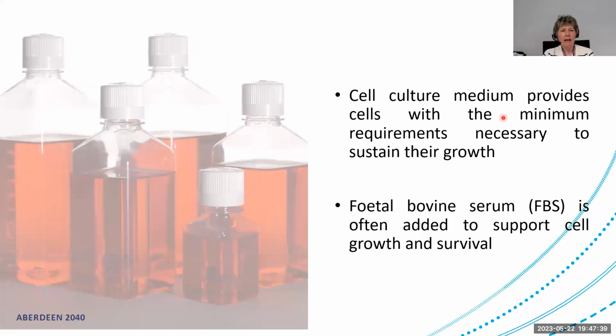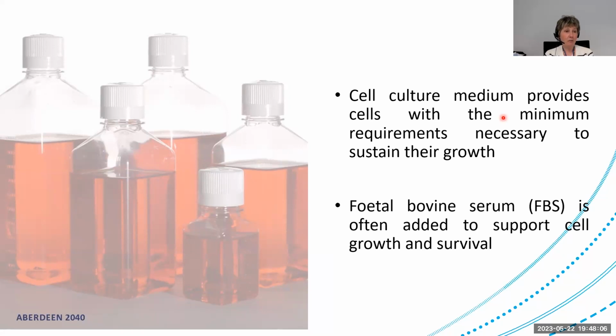So back to cell culture now, and I've told you about how we can humanize our cell culture models by using different types of culture media, by using different types of approaches. But cell culture medium has historically relied on adding fetal bovine serum as a growth supplement.